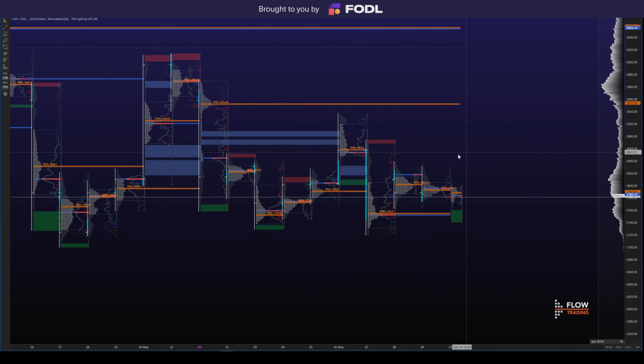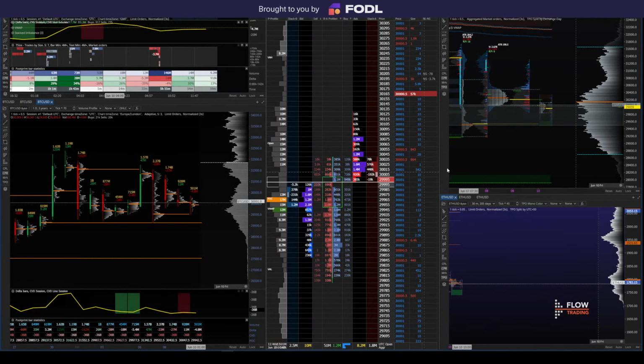There's not really much else to be said about that. I do not trust this naked point of control here on the time-based market profile on Ethereum, because like I said, we're being dragged around by Bitcoin. Bitcoin goes down, Ethereum goes down. Bitcoin goes up, Ethereum goes up. So basically that's all I've got for Ethereum versus USD.